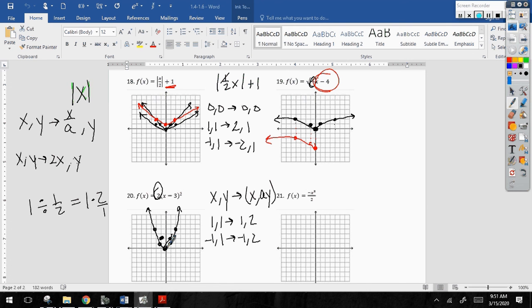And that does look like a vertical stretch, because if I stretch that vertical axis out, it would make that graph get skinnier. And now I want to go to the right 3. 1, 2, 3. And the red one is my final transformed graph.